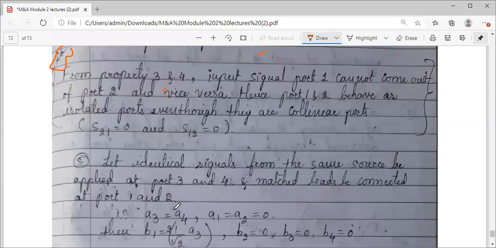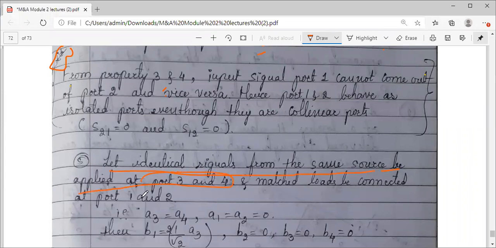Now coming to the fifth property. In the first four properties I have taken the signal applied only at any one port, either 1, 2, 3, 4, remaining all 0. In the remaining properties, 5 to 8, I'll apply the signal at 2 ports. Let identical signals from the same source be applied at 2 ports.